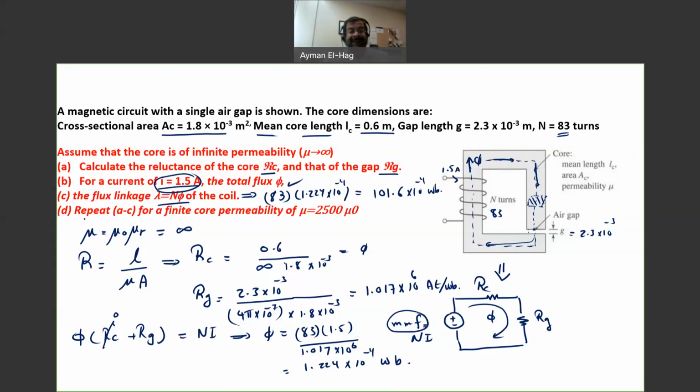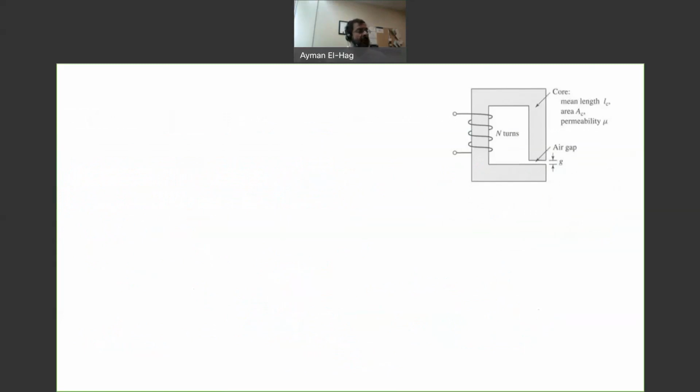In part D, it says repeat A to C, but now we'll assume a finite core permeability, which is equal to 2,500 times mu 0. That's all. So all you need to do is just calculate RC. That is the only difference. Your RC now will not be 0; it will equal L C divided by mu 0 mu r times AC.